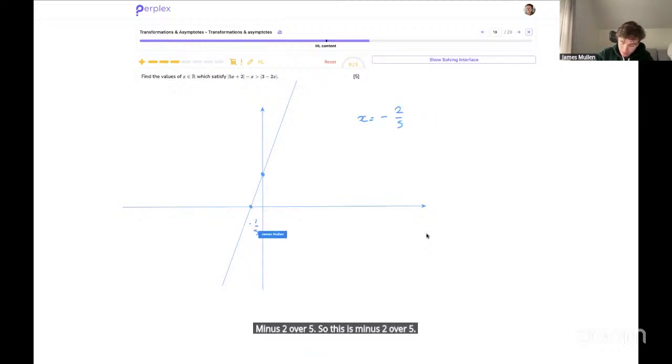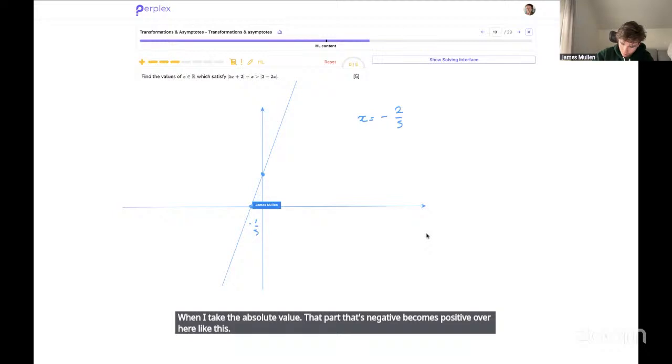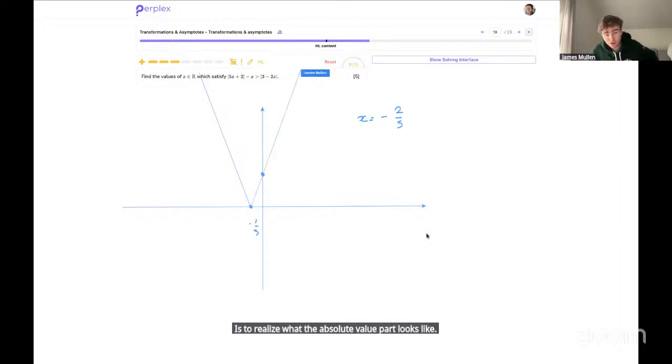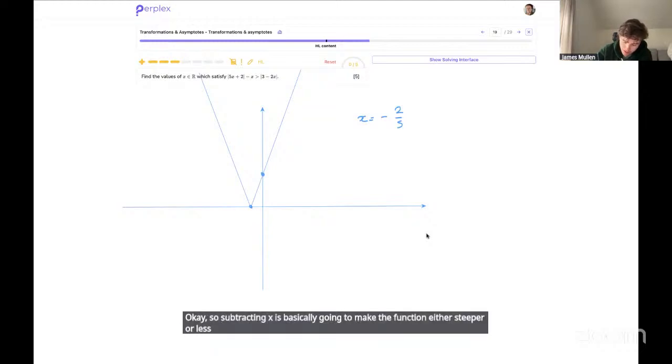When I take the absolute value, the part that's negative becomes positive over here like this. So that's step one, to realize what the absolute value part looks like. Then when I subtract x, subtracting x is basically going to make the function either steeper or less steep, depending on whether it's positive or negative.